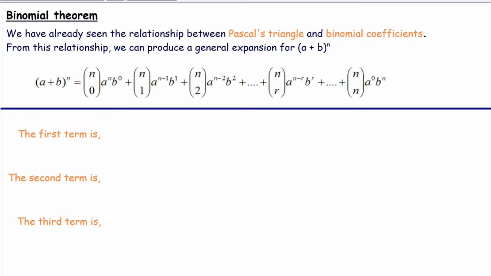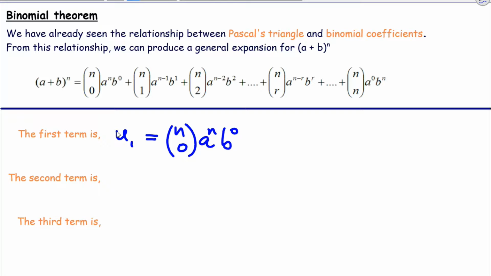Now we can identify specific terms in this expansion and try to come up with a pattern for the general term in the expansion of (a + b)^n. So the first term, u1, will be equal to nC0 a^n b^0.